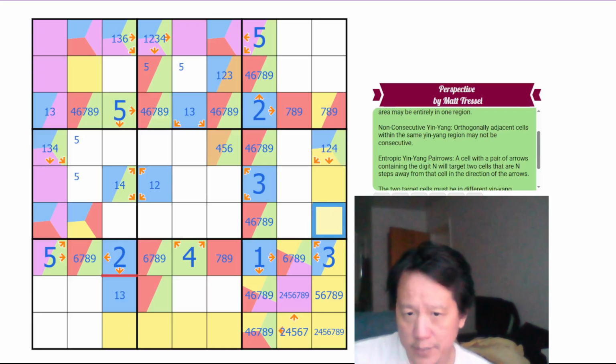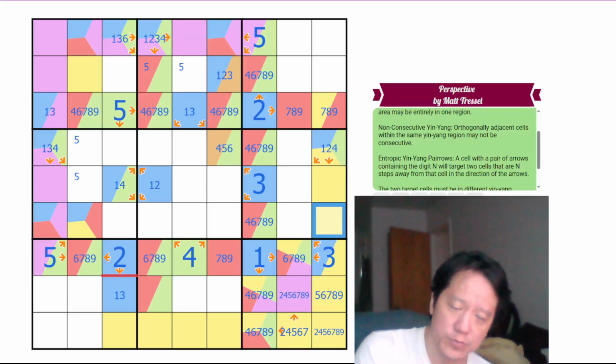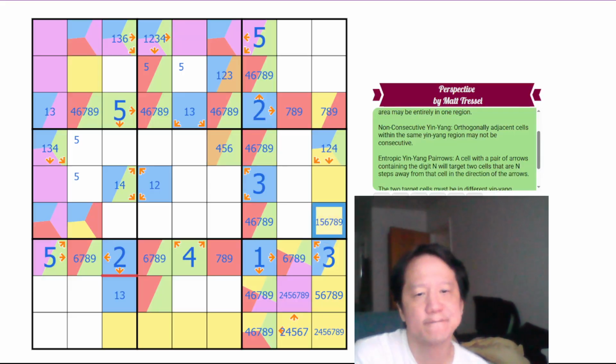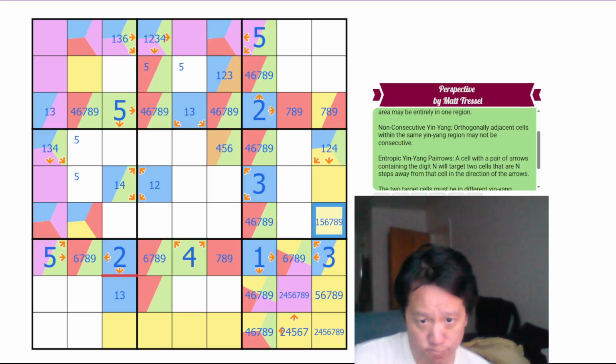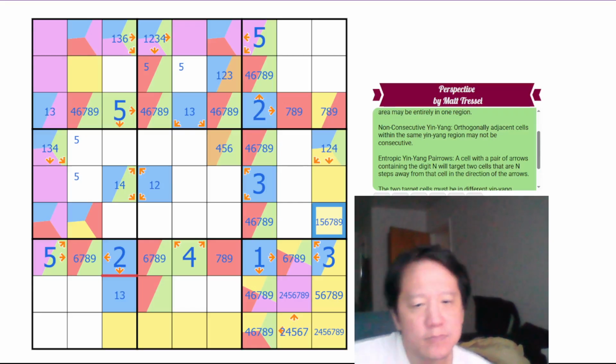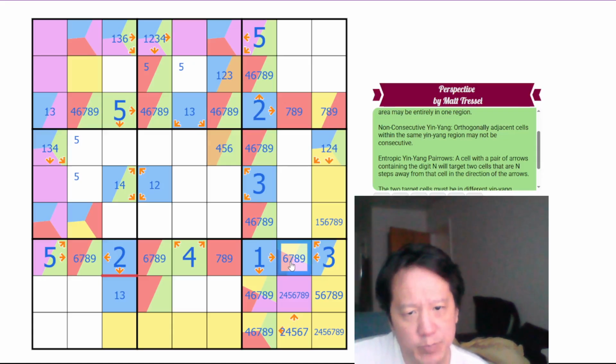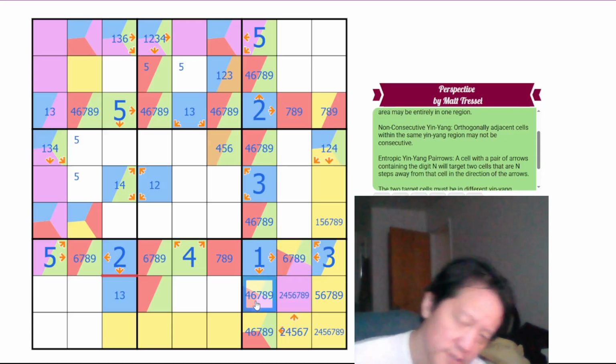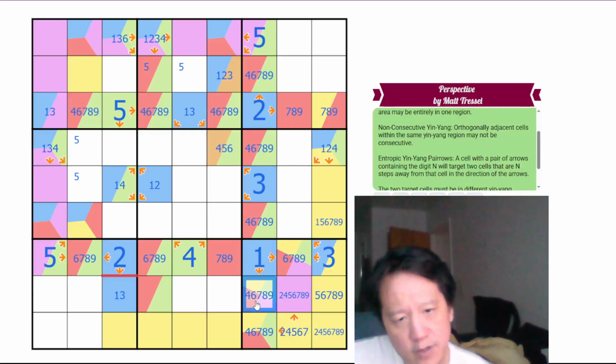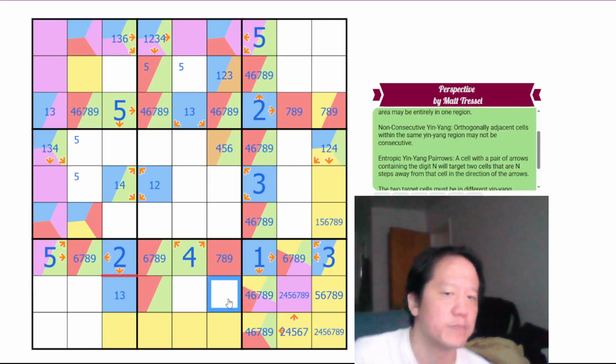This digit cannot be 2, 3, or 4. So we have 1, 5, 6, 7, 8, and 9. If this were 2, this would be yellow, so this would have to be red or pink, which would make this yellow. That could work, which would make that pink.